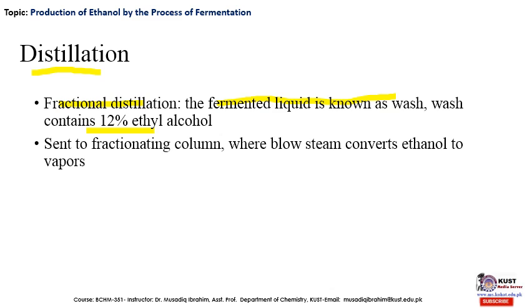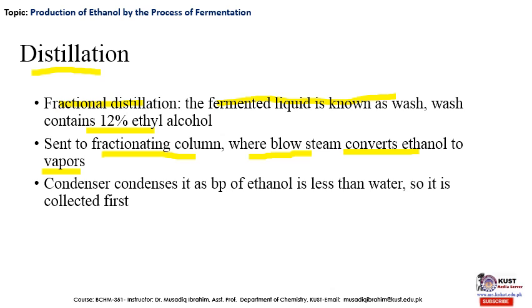Now this wash is sent to the fractionating column, where the blow steam converts ethanol to the vapor form, and then the condenser condenses it. As the boiling point of ethanol is less than water, the ethanol is collected first as a fraction.